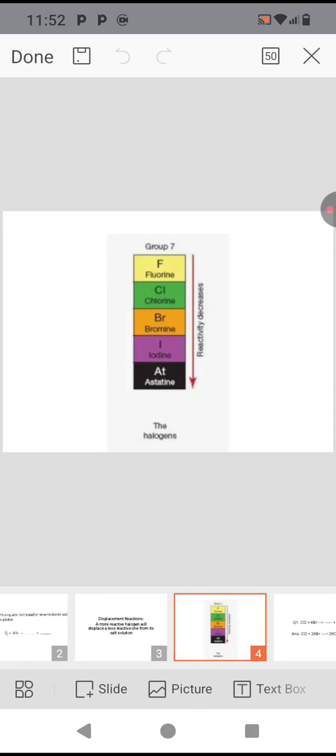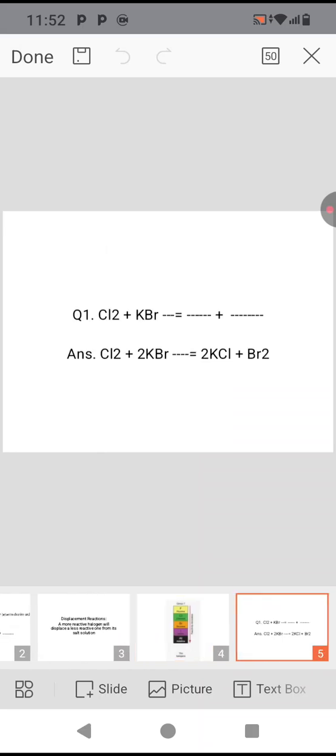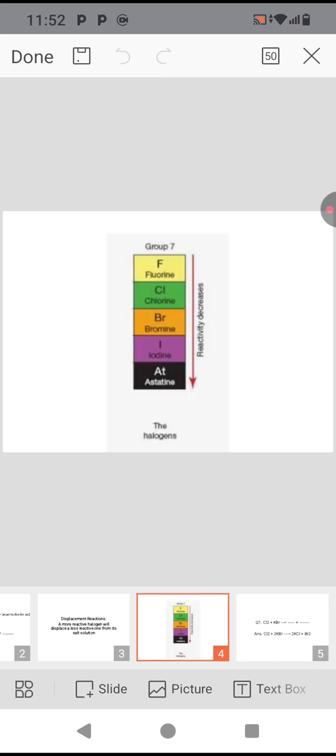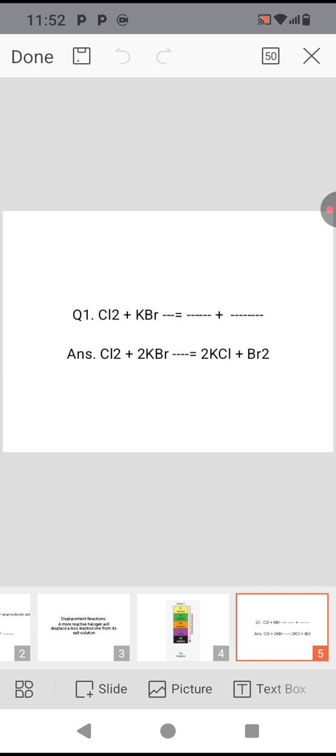So having known this, the question says the reaction between chlorine and potassium bromide. Since chlorine is above bromine in the periodic table, it means that chlorine will displace bromine in this reaction.